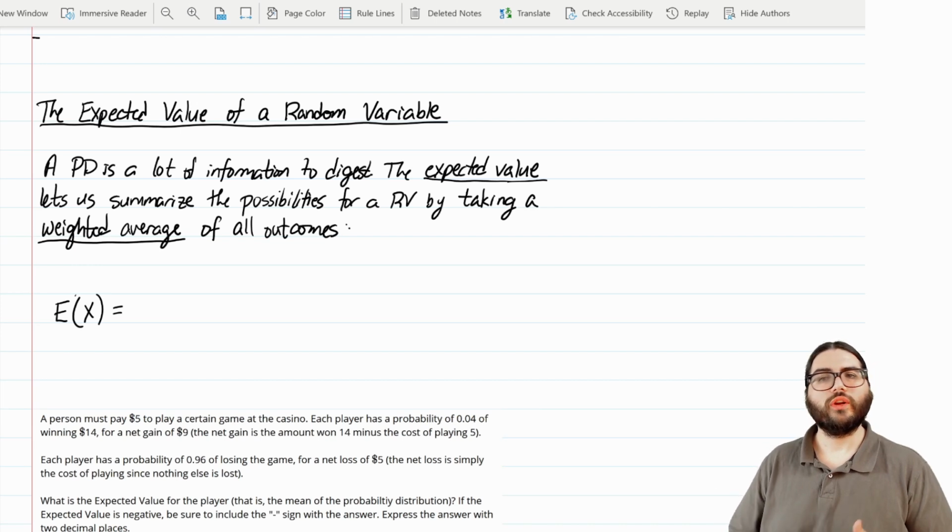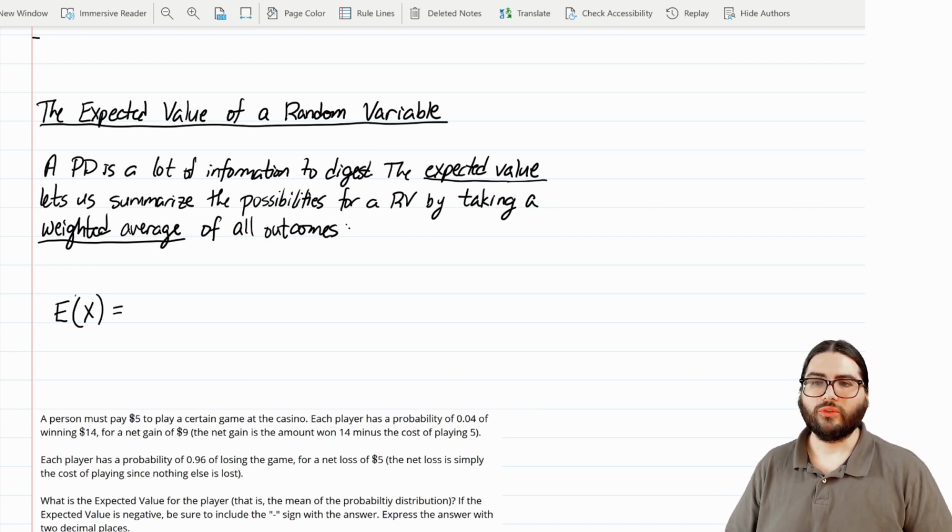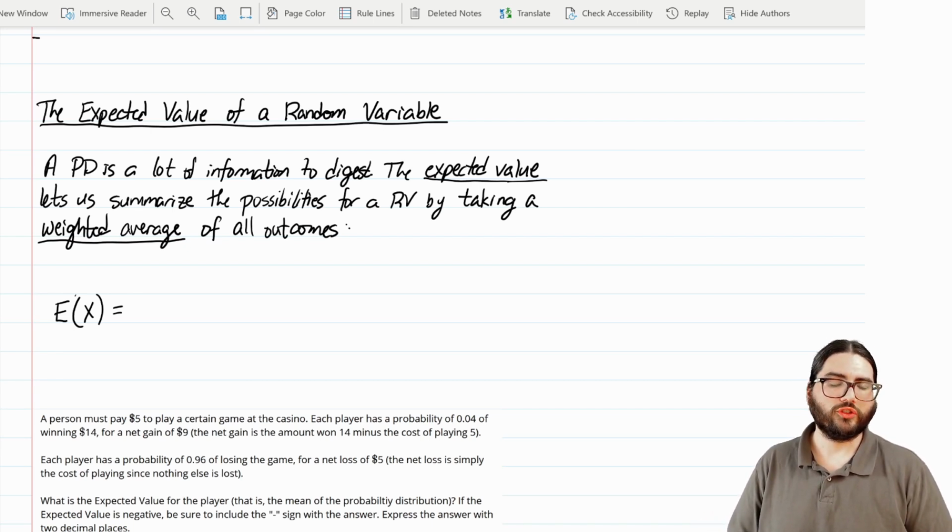So some grades are more important than others. That's why students sometimes will say, oh, well, I got really good grades on all my homework. I got hundreds on those homeworks, but I didn't get the grade that I wanted out of the class because my exam grades were a little bit lower than I thought they should be. So because the exam grades were worth more in the average, their weight was higher.